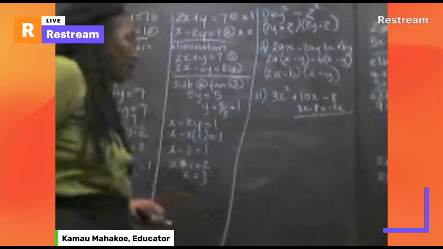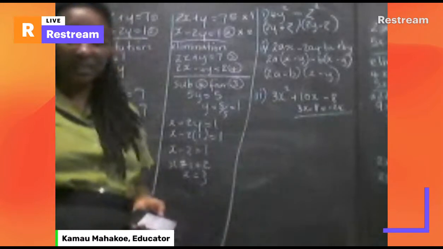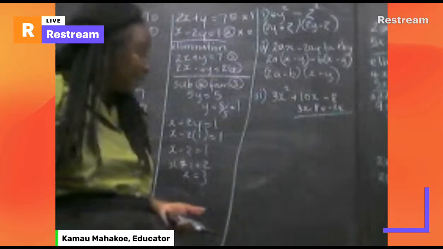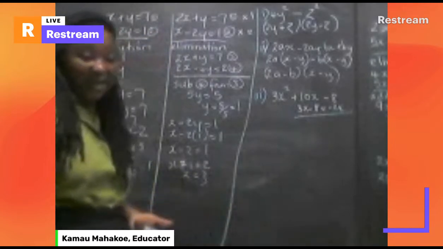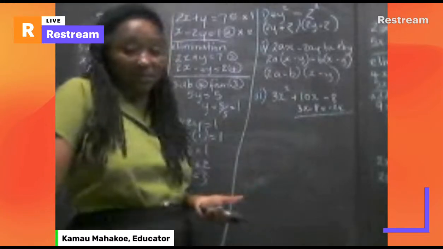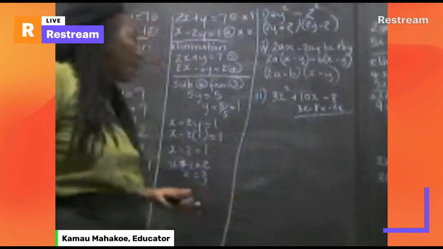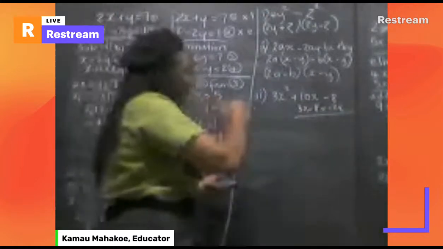Is it negative 6 and positive 4, negative 4 and positive 6, negative 12 and 2, negative 2 and 12, negative 8 and 3, negative 3 and 8? All of those are factors of negative 24. By arranging them and adding them, we find that it is 12 and negative 2.